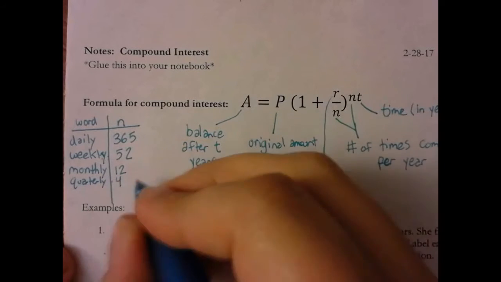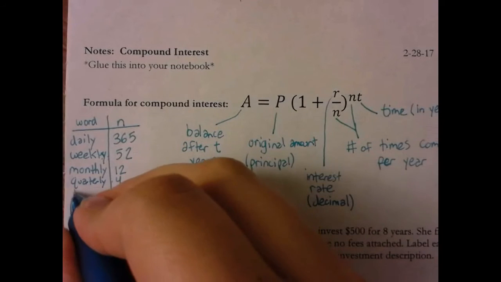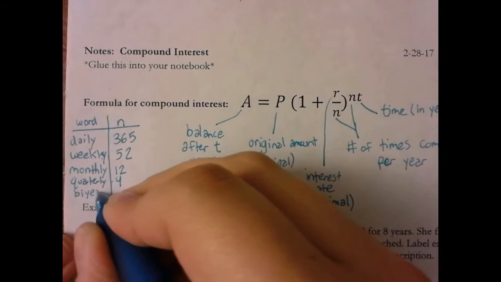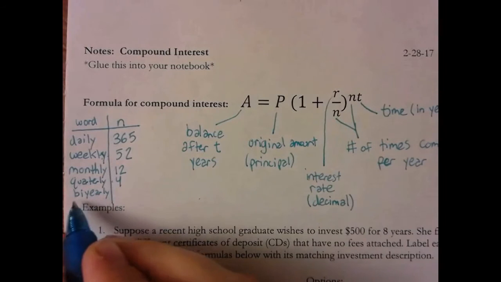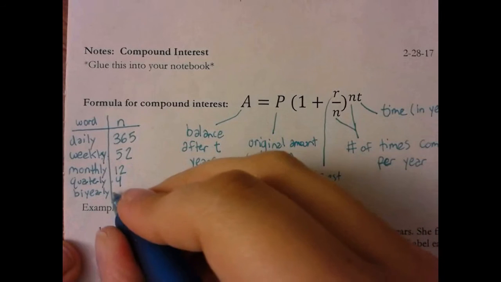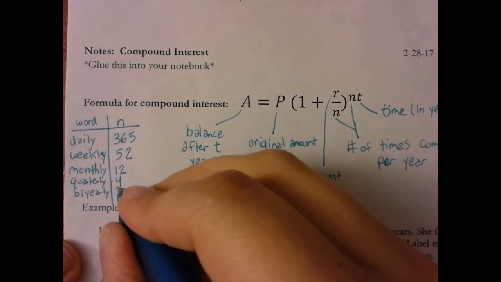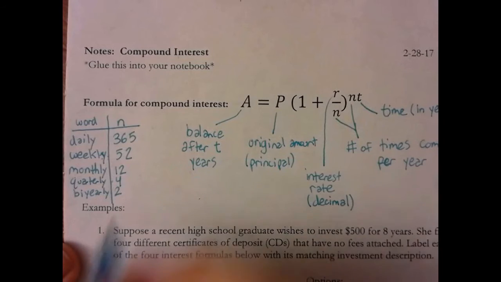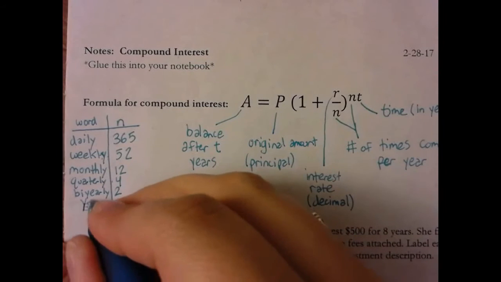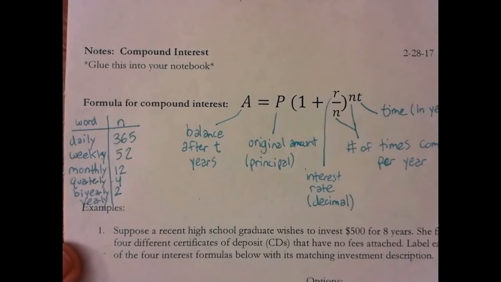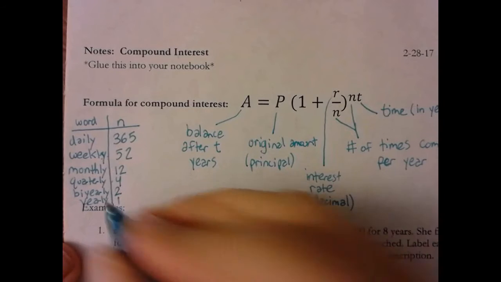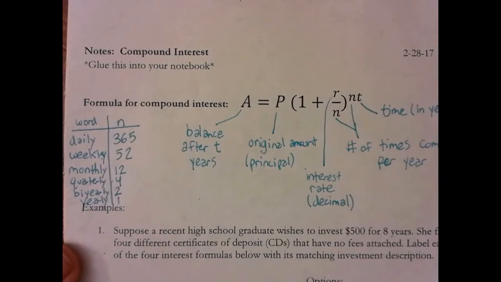So quarterly means 4 times a year. If you see bi-yearly, the prefix bi means 2. If you ever bisect something, it means cut it in 2. And finally, you could have yearly. Sorry, I ran out of room. Yearly means your N is 1.